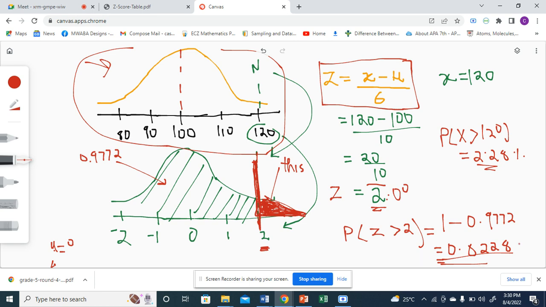So the probability that the IQ is greater than 120 is 0.0228. Are we okay with that, colleagues? Yes, sir. Okay.